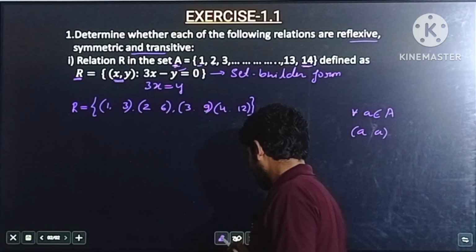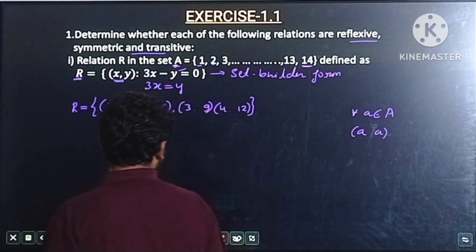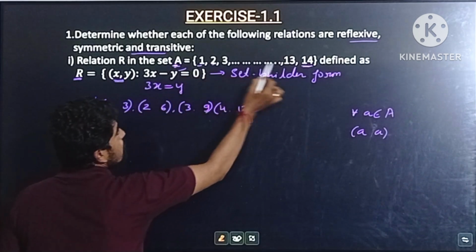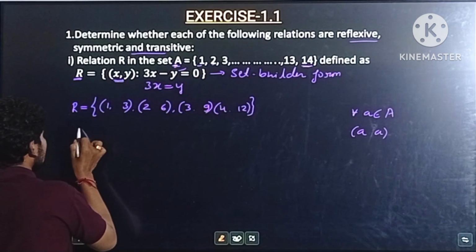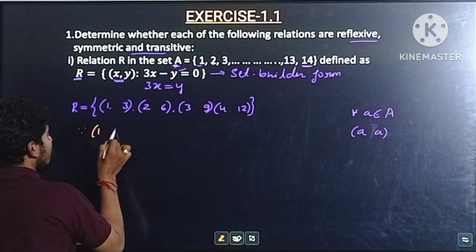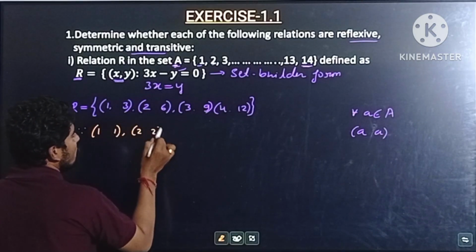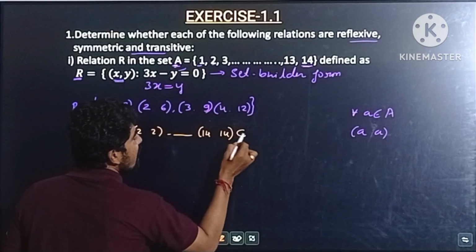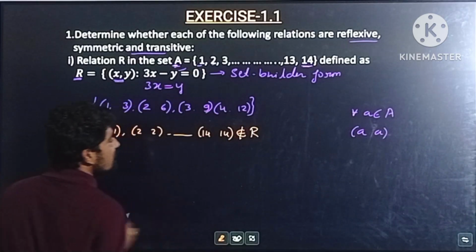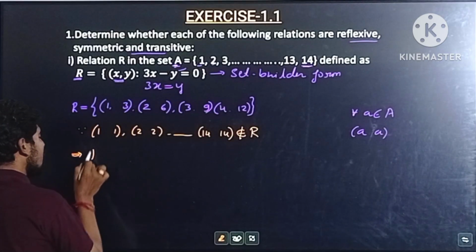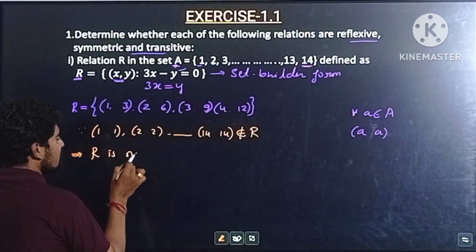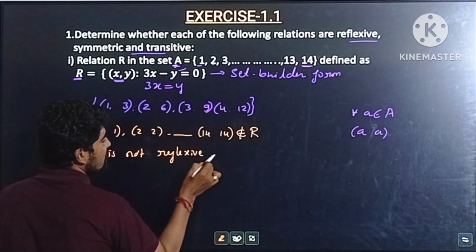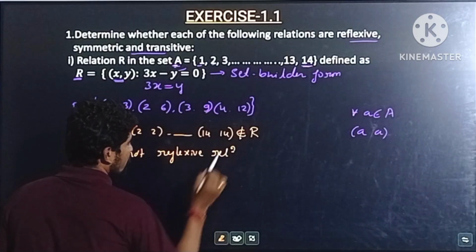So by observing this roster form of the relation, we conclude that, because set A consists of 1, 2, 3 and so on, up to 14, the pairs (1, 1), (2, 2) and so on, up to (14, 14) do not exist in this relation R, which implies R is not a reflexive relation. I hope all of you understood.